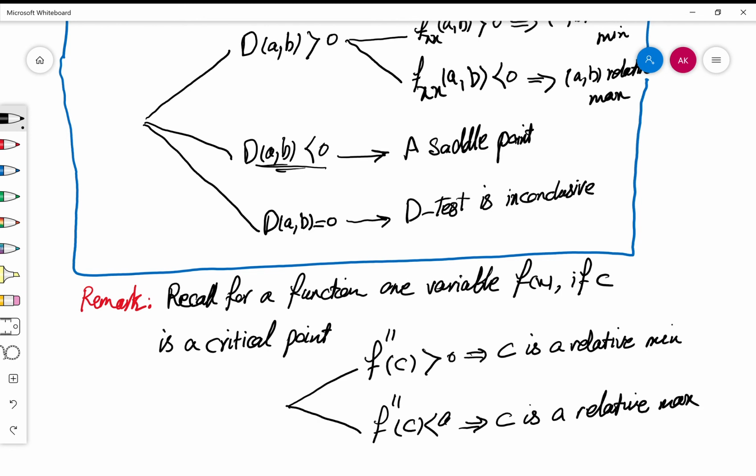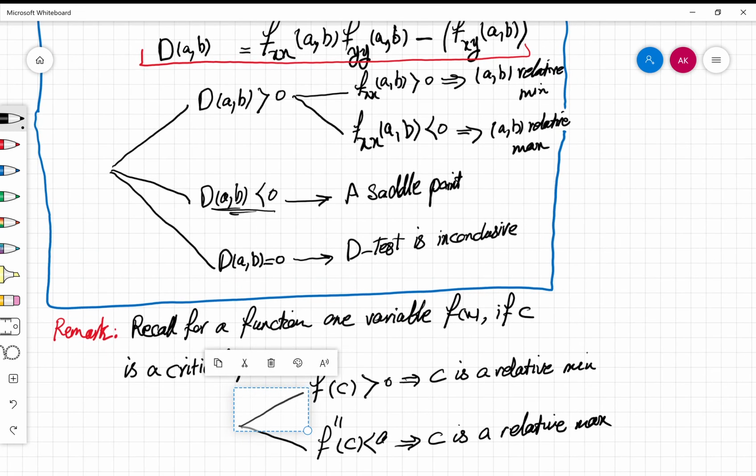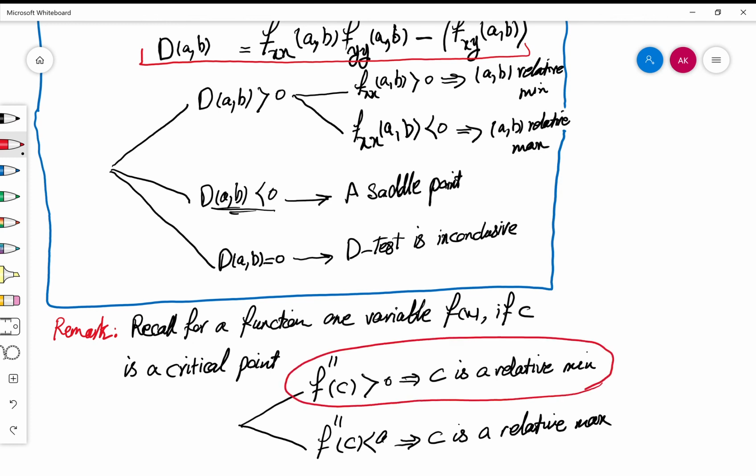Well, why did I mention this thing here? Look at this very carefully. In the case of the second derivative, if it is positive, it's going to be a relative min. We have a similar thing here. When you have more than one variable, you have to say partial derivative. In this case, if fxx is positive, then it is relative min.